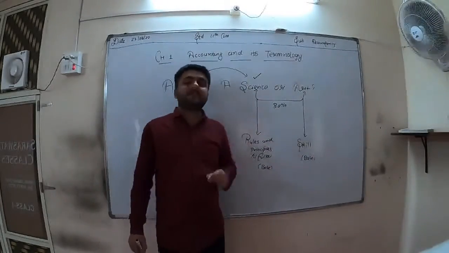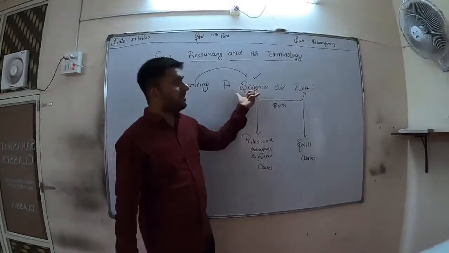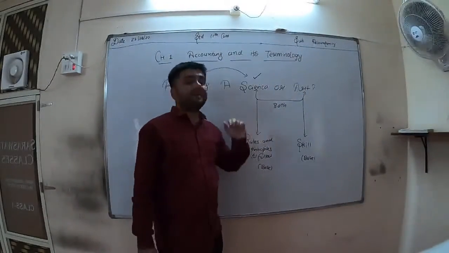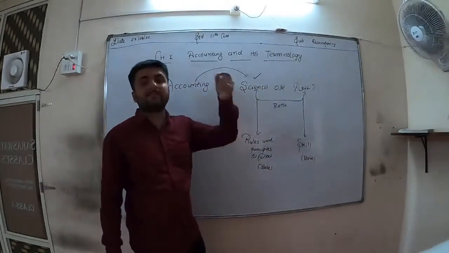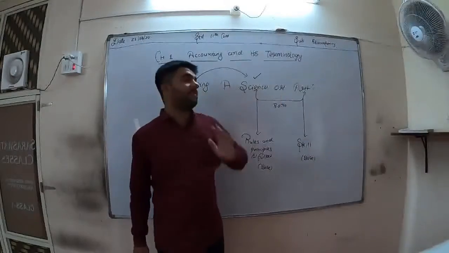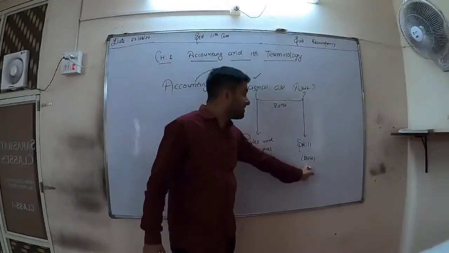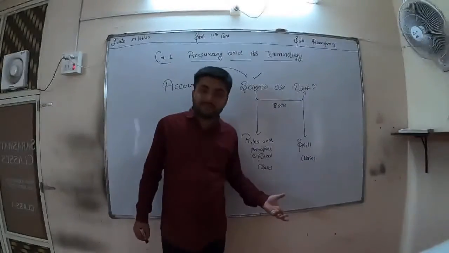In my first lecture only, I said that if you want to become a doctor or engineer, then you take the science stream. If you want to become a journalist or a writer or in such a way, then you want to go for arts. Means art is based on skills, science is based on rules and principles.